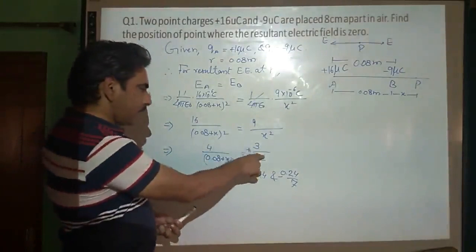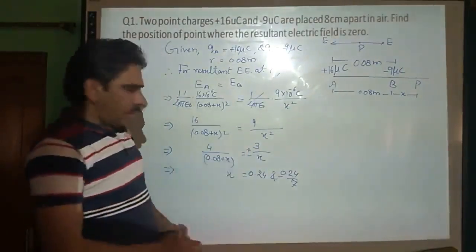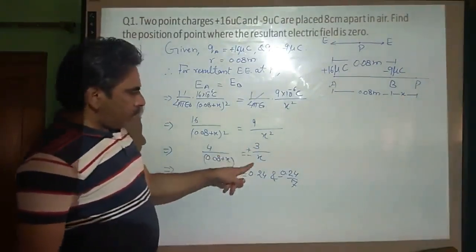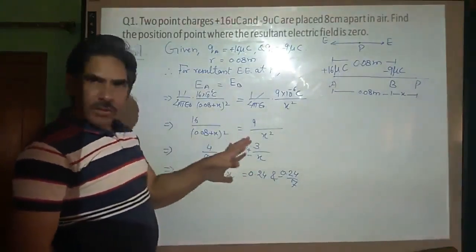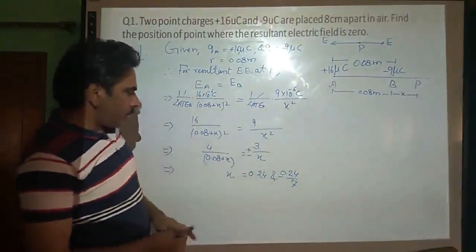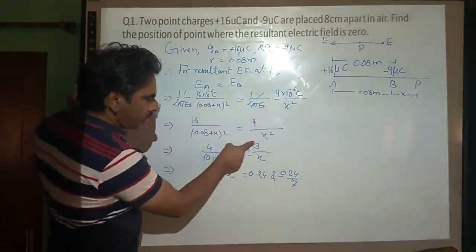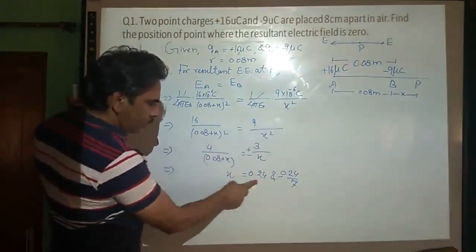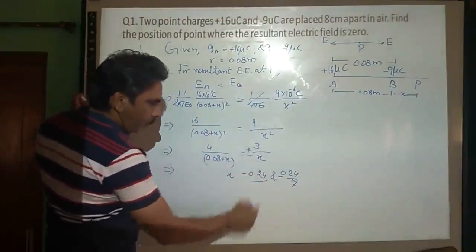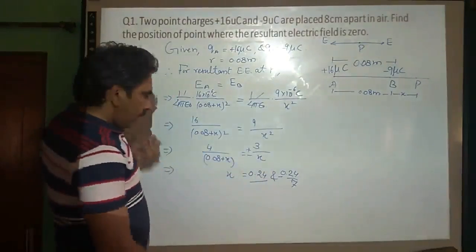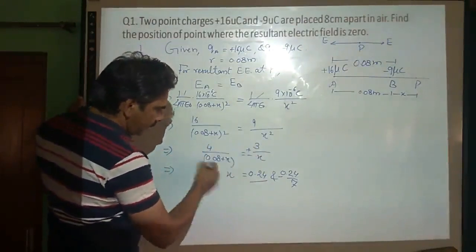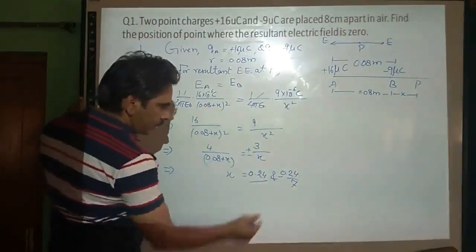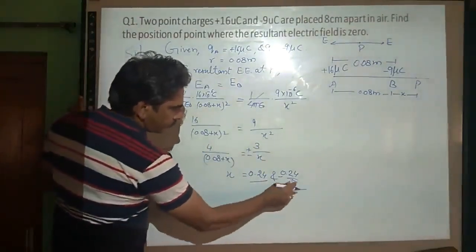Whenever we square this term, we will get 9 upon x square, whether we take it to be plus 3 upon x or minus 3 upon x. So there can be both possibilities. Whenever we take the plus sign, plus 3 upon x, and make the calculation, x comes out to be 0.24. And whenever the minus sign is taken, minus 3 upon x, and we make further calculation, we get this value.